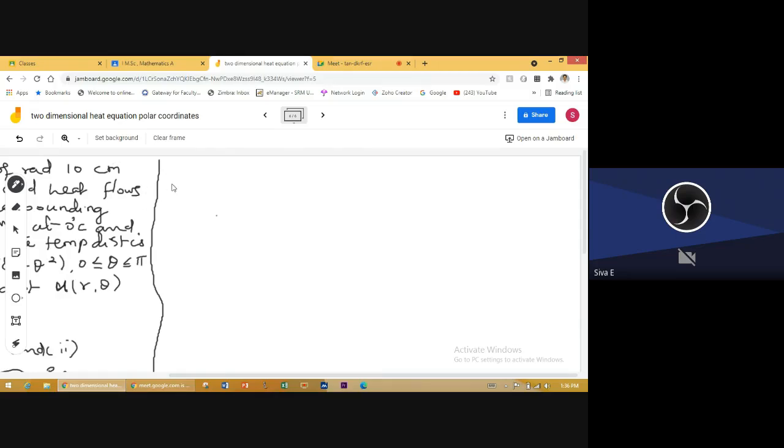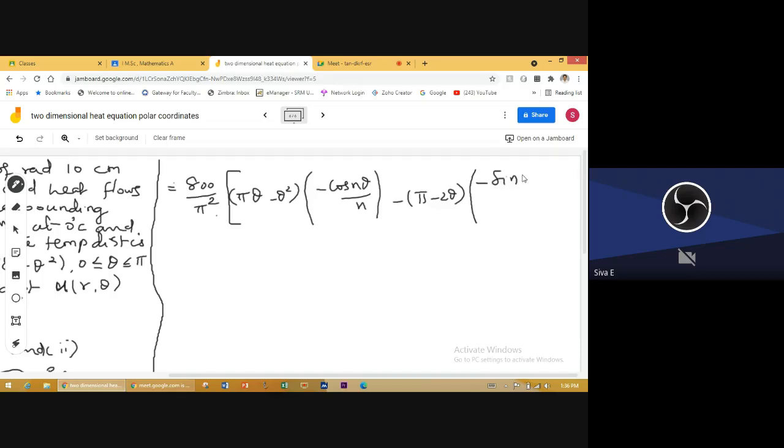Write down, that is equal to 800 by pi square, 800 by pi square, keep it u, pi theta minus theta square. Integration of sine is minus cos n theta by n, minus differentiation of this pi theta minus theta square is pi minus 2 theta, pi minus 2 theta, integration of minus cos is minus sine n theta by n square.